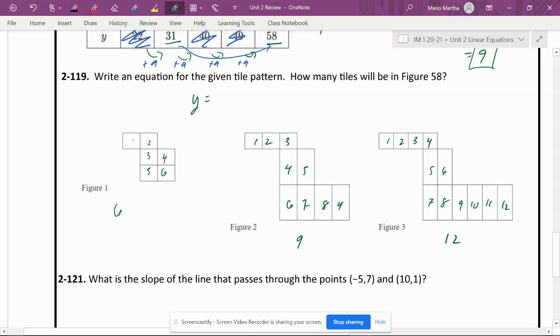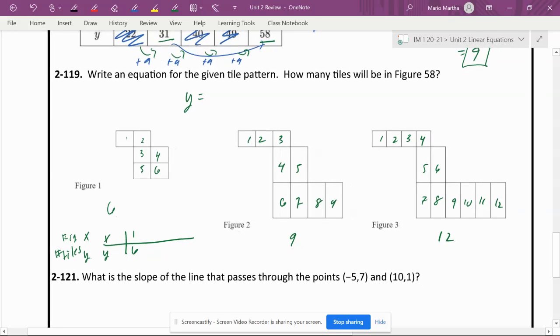So that's 12. Now we can generate a table. In figure 1, we had 6. Remember, x represents our figure number, and y represents our number of tiles. I'm defining the variables like we did in the previous problem, so that's x and y.